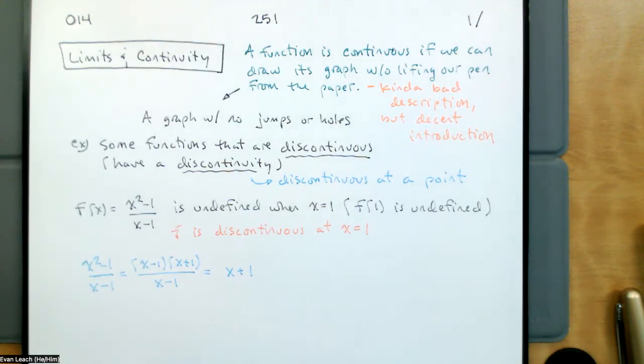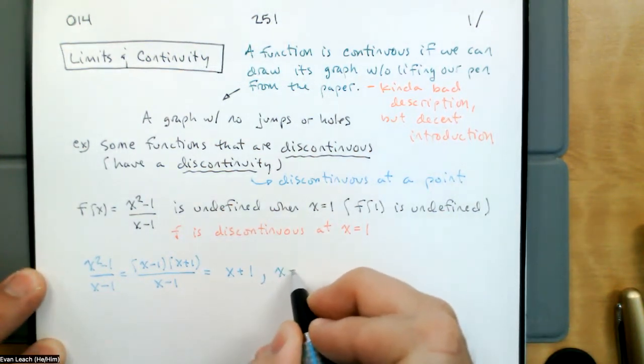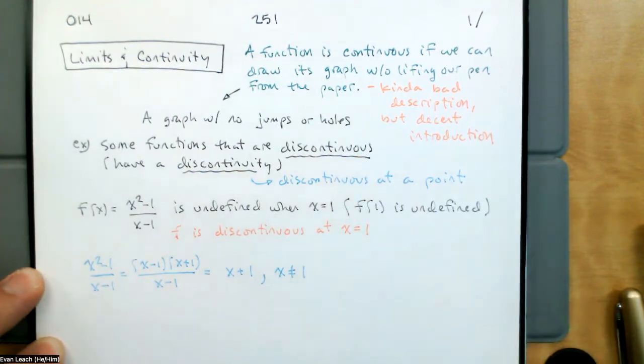X squared minus 1 over x minus 1 is not always equal to x plus 1. These expressions are not equal when x is equal to 1, because the first expression is undefined and the second expression is 2. This is only true for x not equal to 1.